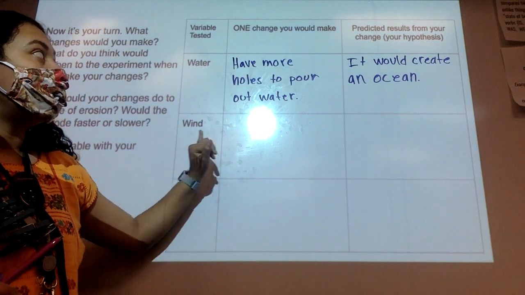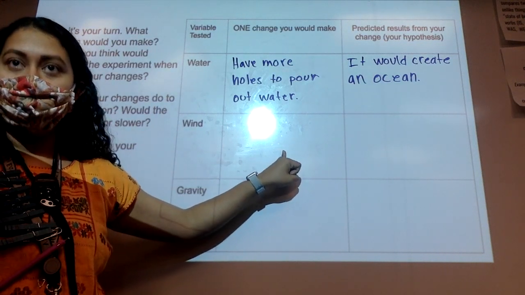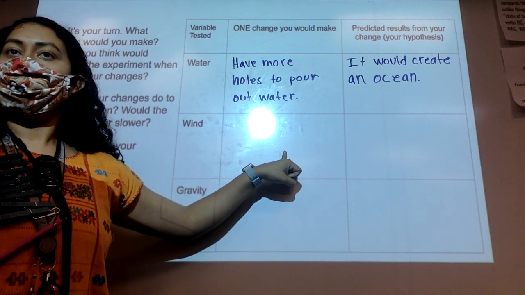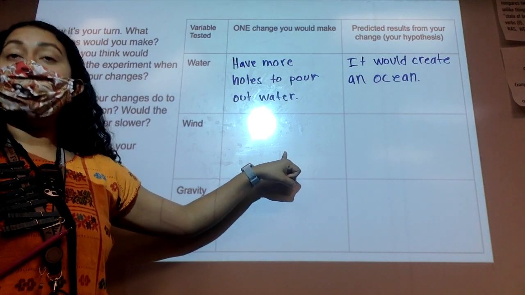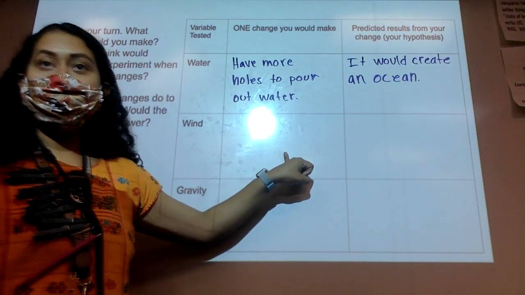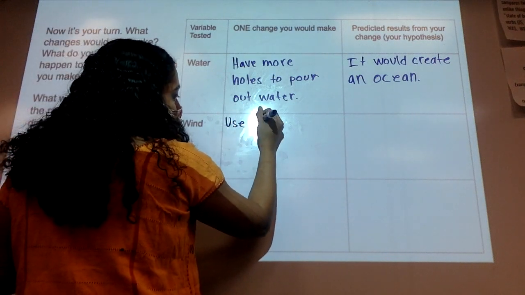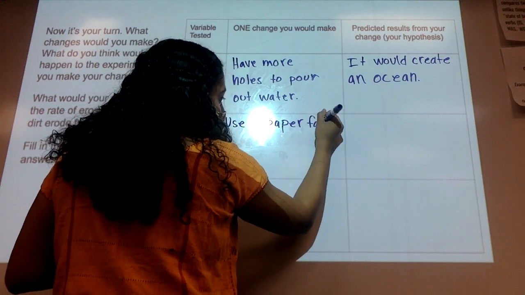Okay, so now, what is one variable that we could change for that experiment? Ariana? You can get a paper fan. Use a paper fan and do it by hand? Okay, so maybe use a paper fan.